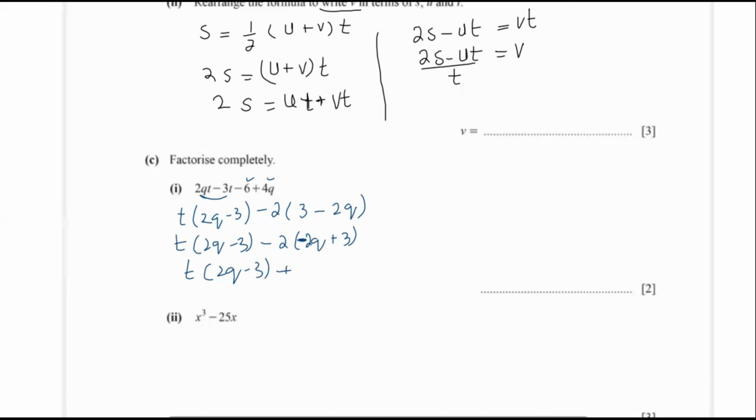Minus is taken as a common, that becomes plus 2, and that value becomes 2q minus 3. Here minus 1 is taken. Now that value becomes (2q minus 3) into (t plus 2). This is the answer.